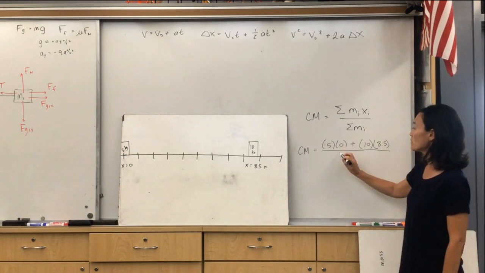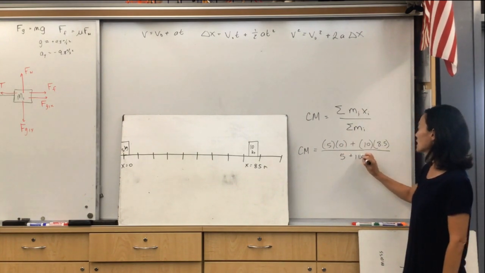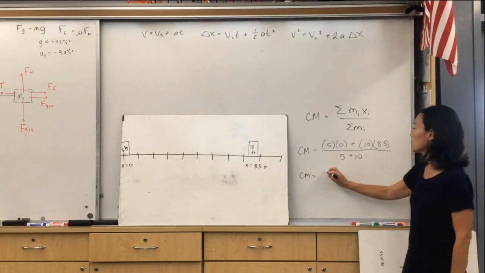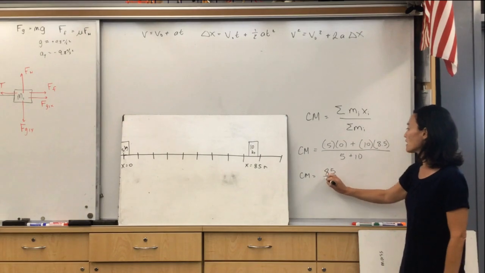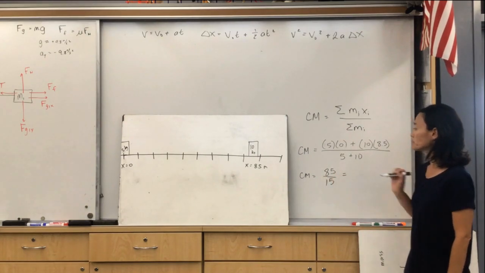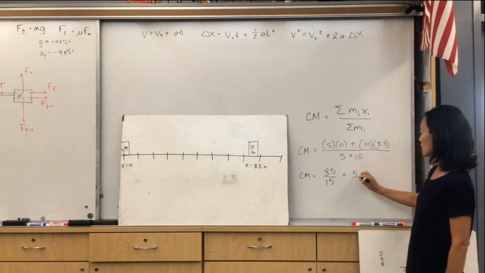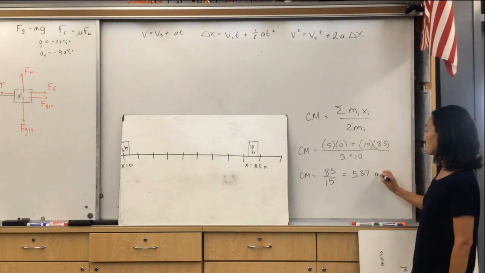So this is going to be divided by 5 plus 10. So my center of mass is going to be 85 divided by 15. Pretty straightforward. That comes out to be 5.37 meters.